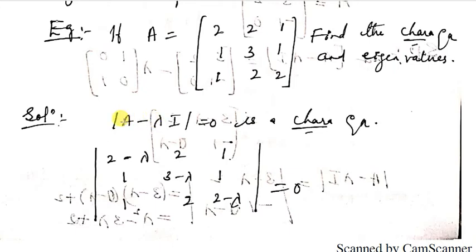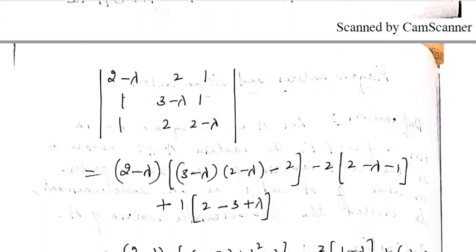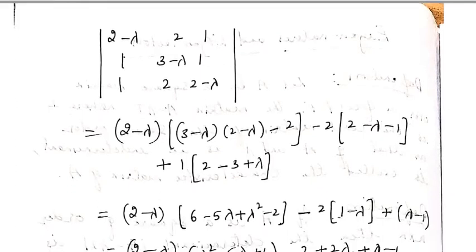Then subtracting from A gives the elements of the new matrix as 2 minus lambda, 2, 1, 1, 3 minus lambda, 1, 1, 2, 2 minus lambda. So the determinant of this matrix equated to 0 gives the characteristic equation. Let us find the polynomial first, then we'll equate that polynomial to 0 and solve that equation, right?